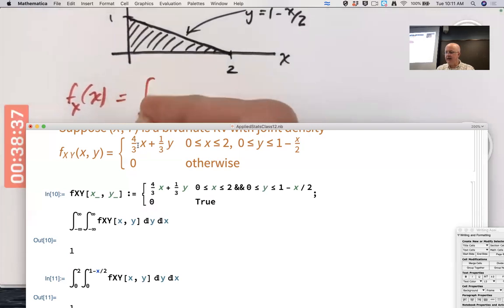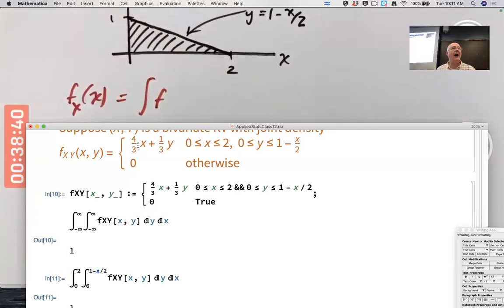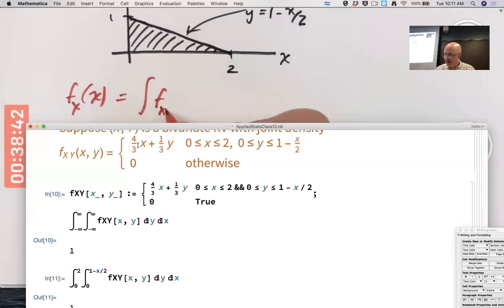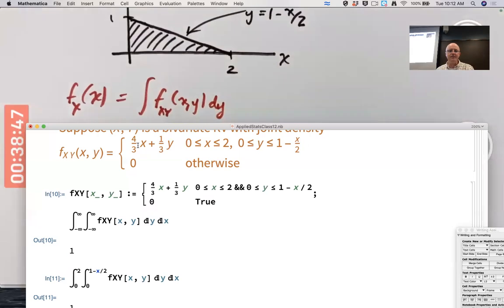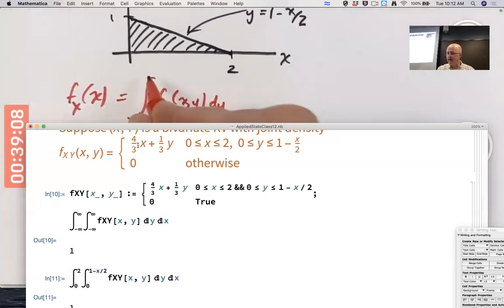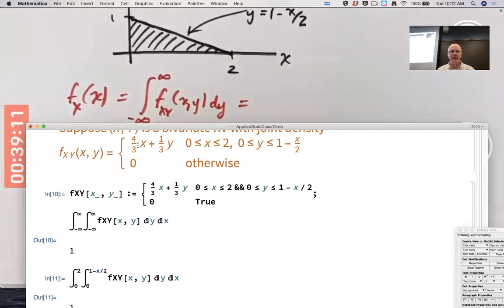You need to integrate the joint density with respect to Y. You need to get rid of the Y, so to speak. What's the domain of the integral? It would be the values that Y varies over for any given fixed value of X. Now I could put all Y here, minus infinity to infinity, and that doesn't hurt. It's still true.